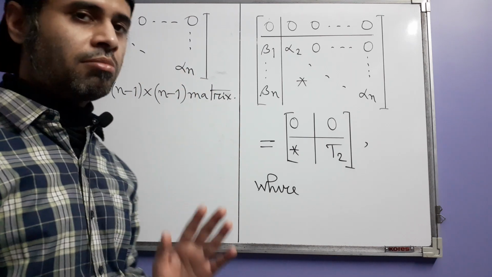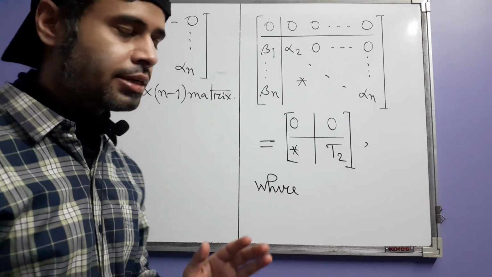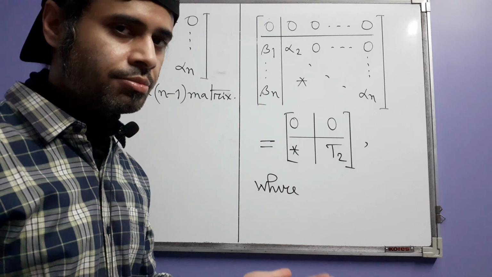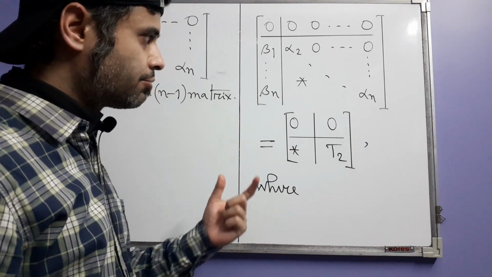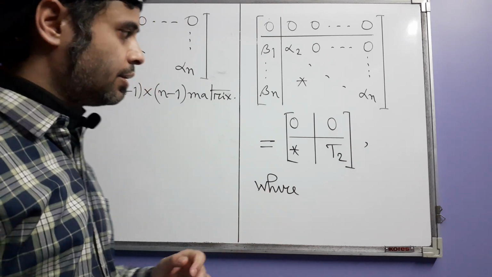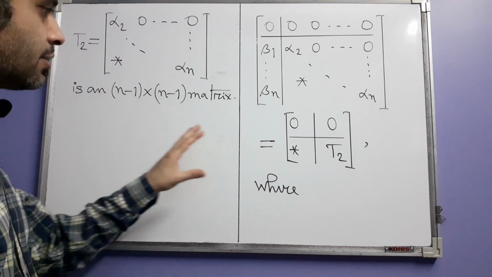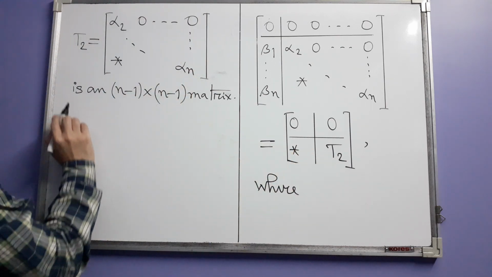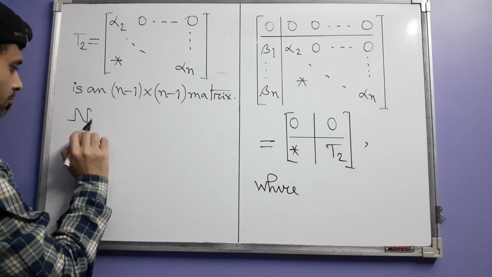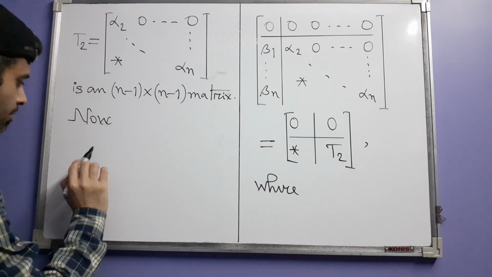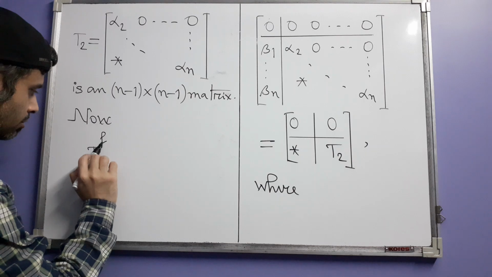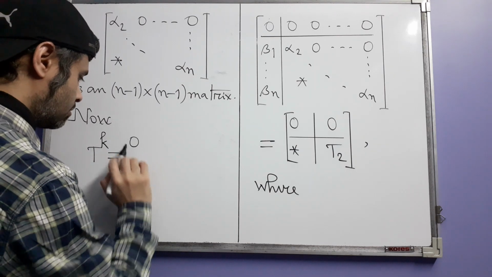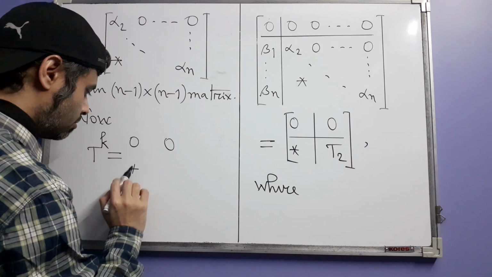Now, what do we know about the original T? We know that the trace of T to the power k is equal to 0 for every positive integer k. The advantage of having this type of block form is this. This is what we have. Taking the kth power of T, where k is some positive integer, will give you this.